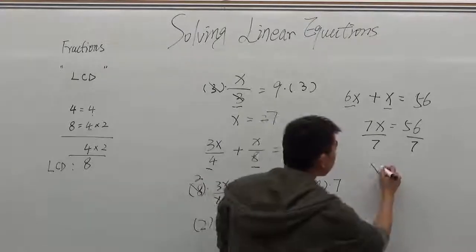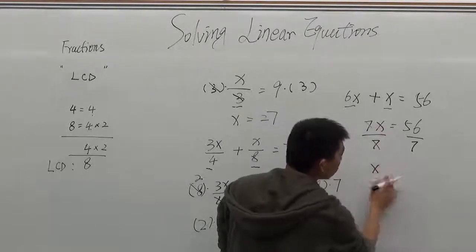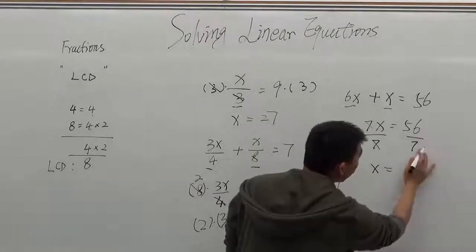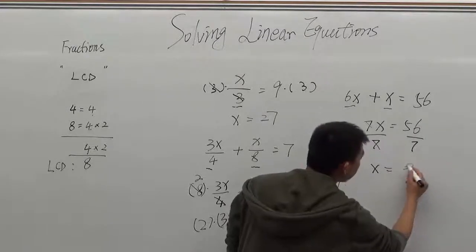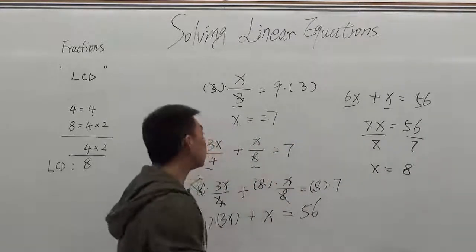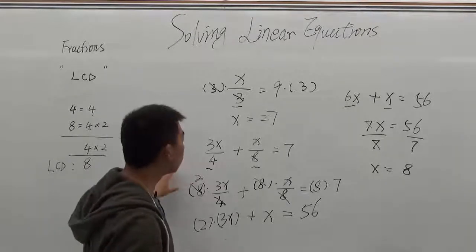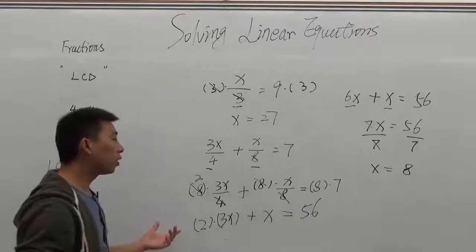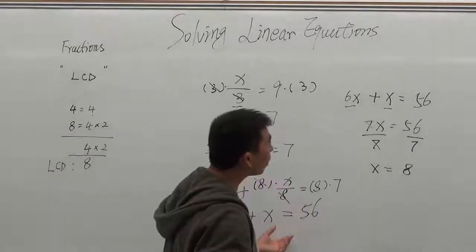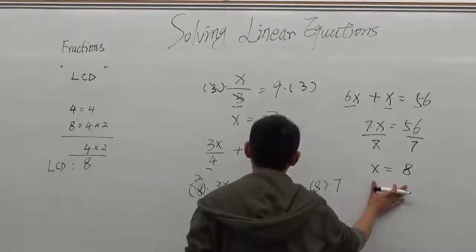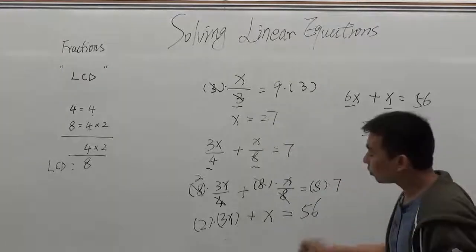Then the 7 cancels out, so x equals 56 divided by 7, that gives us 8. So when you have multiple fractions, you need to find the LCD first, then multiply by the LCD, then simplify it, then you can work on solving for x.